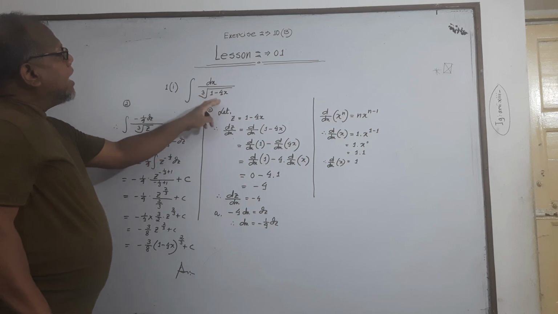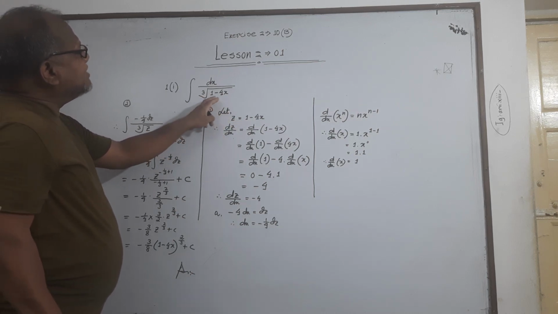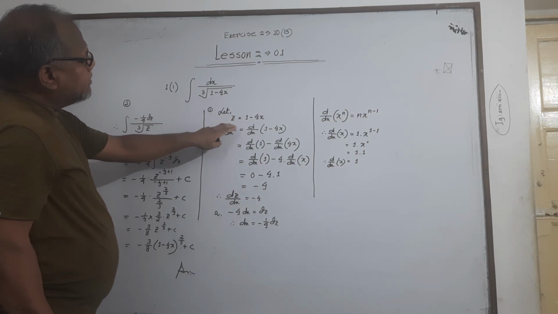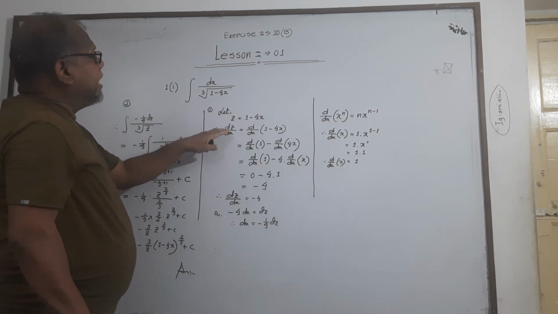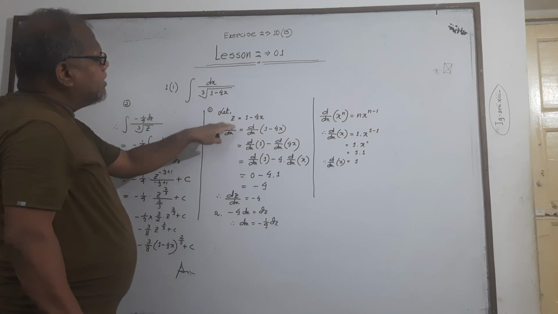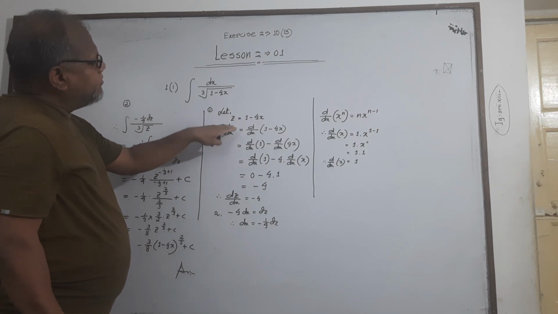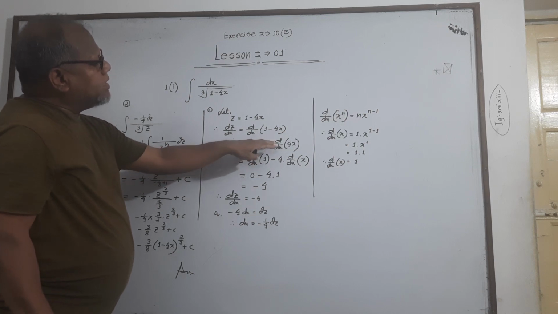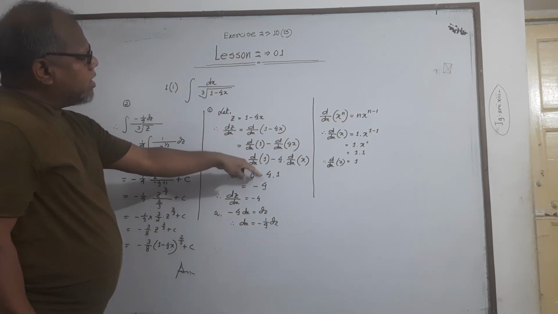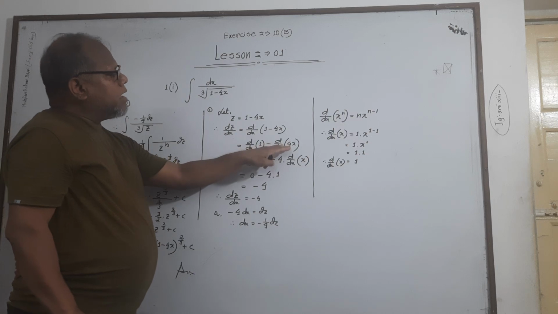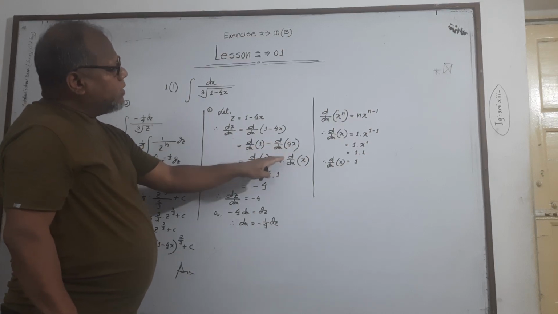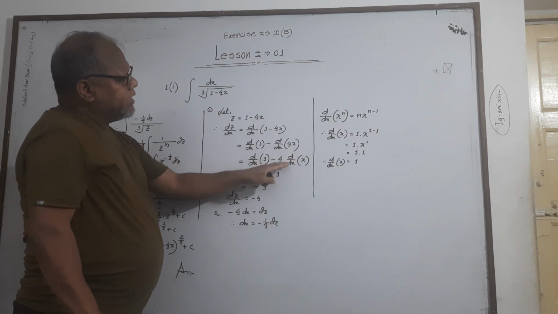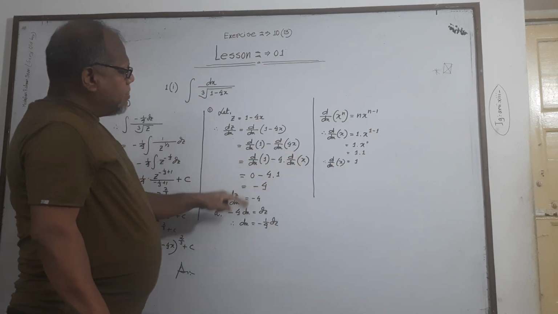So here I put z instead of 1 minus 4x, and then I differentiate with respect to x of z. Here d/dx of z is d/dx of 1 minus 4x, which is d/dx of 1 minus d/dx of 4x. The constant 4 comes outside the differential operator, so 4 into d/dx of x.